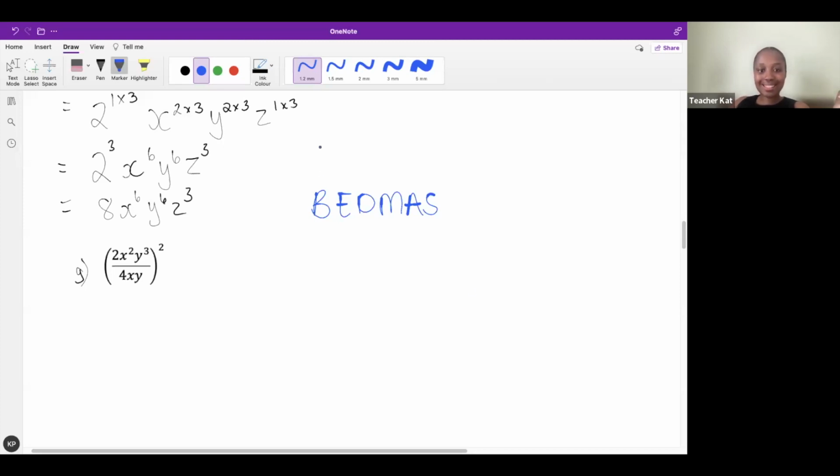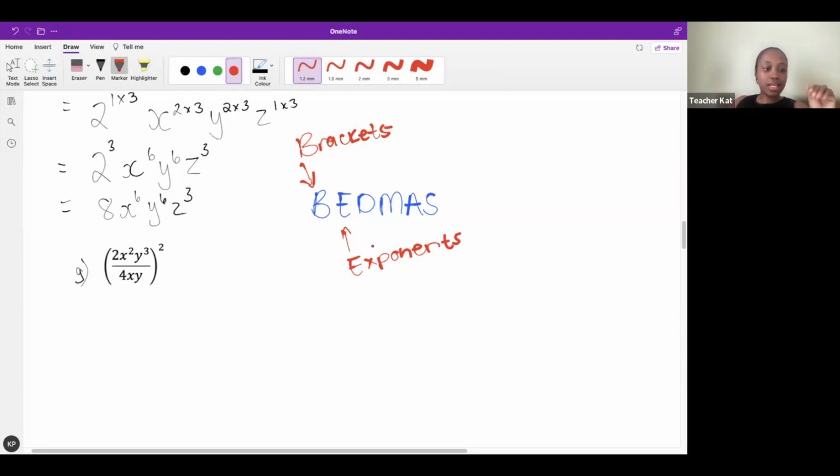Okay, we must start inside the bracket. Not necessarily division, but brackets, because you first simplify what's inside the bracket before exponents. Do you see exponents come after brackets? So you say brackets, which means simplify what's inside, and then you can work with exponents.